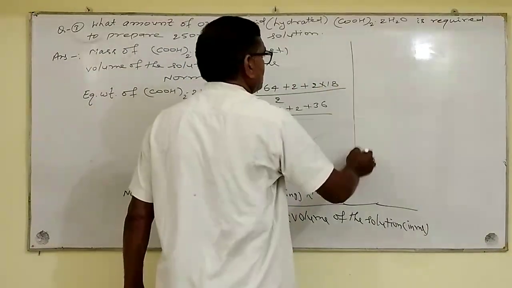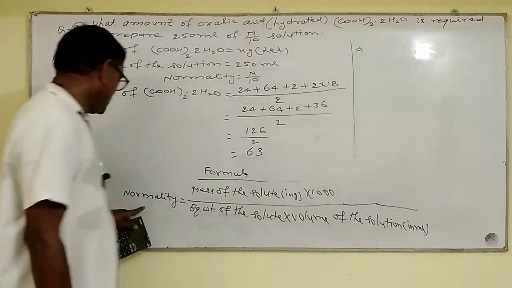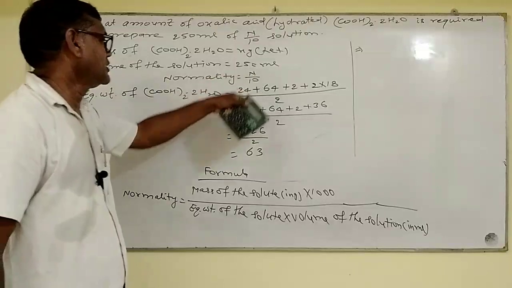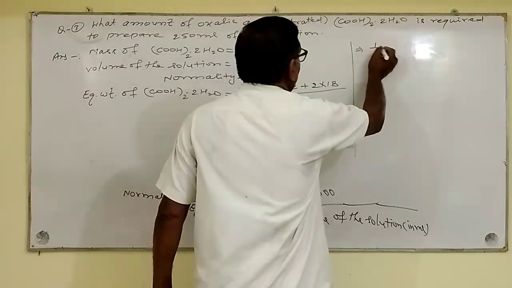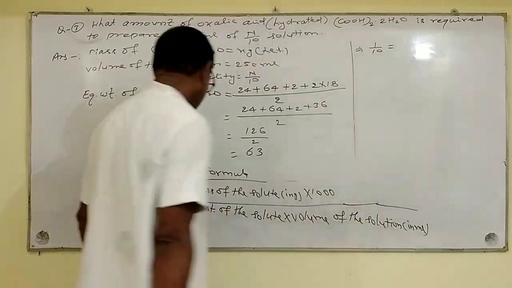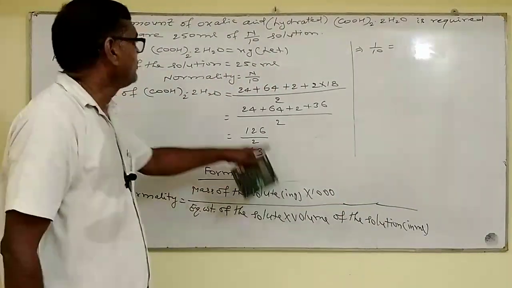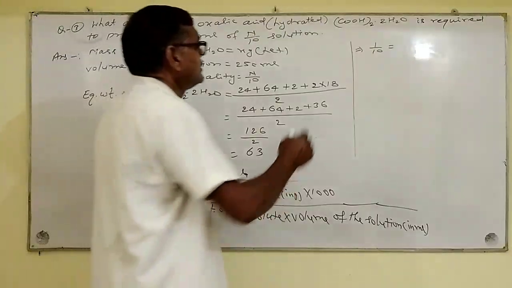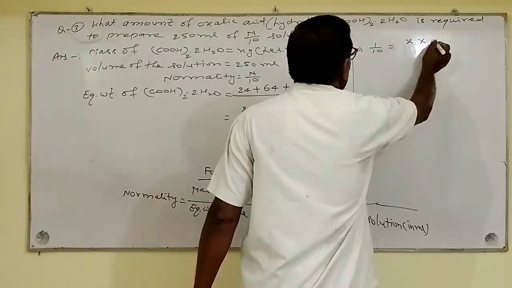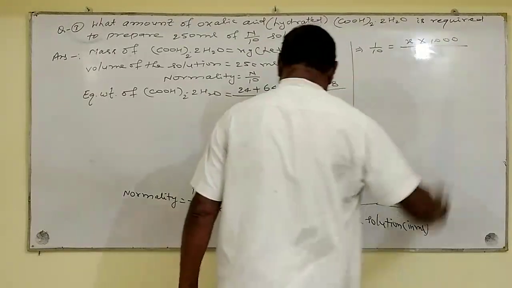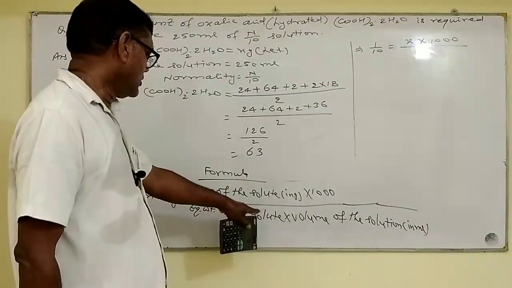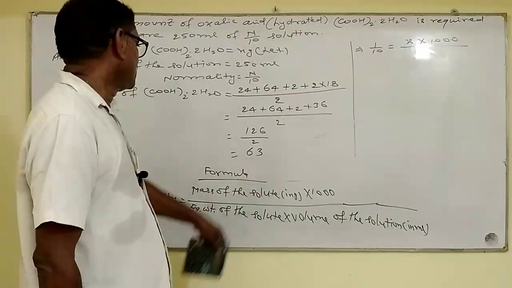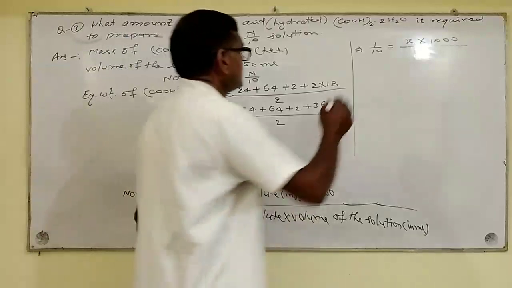Here we write the value of normality in the question. Value of normality is equal to N by 10 is equal to 1 upon 10. Mass of the solute in gram, here we write x gram. Mass of oxalic acid, here we write x, 1000 upon equivalent weight of the solute. First of all, we calculated equivalent weight of oxalic acid is 63.